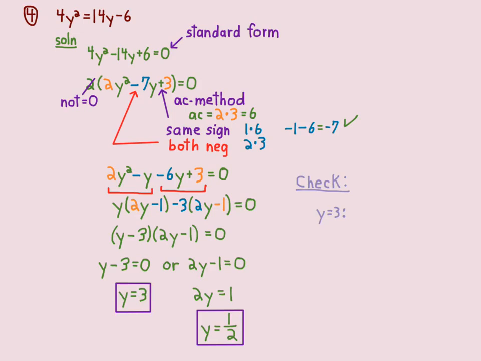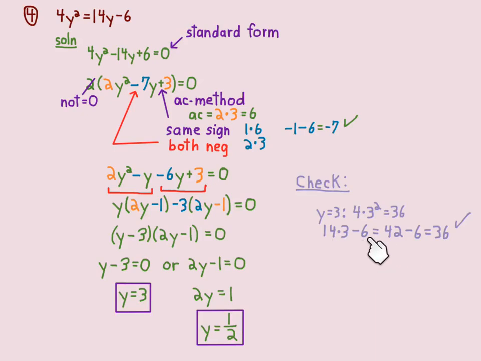So here are my checks. First I did the left side. 4 times 3 squared equals 36. Then the right side, 14y minus 6, putting 3 in here: 14 times 3 minus 6. It's 42 minus 6 equals 36, so that checks. Now, if you want to put this second one in your calculator, that's okay, but I would write down this part first, to make sure that you enter it in your calculator correctly.